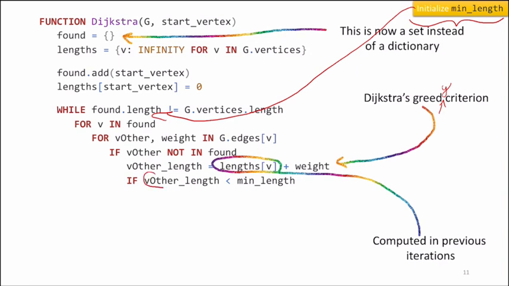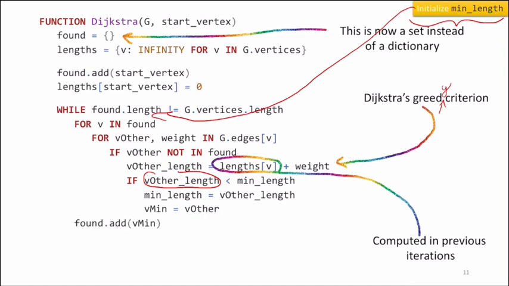So is this length to V other less than infinity the first time around, or in subsequent iterations just less than what we are computing here? Is that the cheapest path length we've seen so far? If it is, we'll hold on to it. So we'll say min length is equal to that length, and we'll hold on to that vertex that we're connected to. We'll call that vertex V min. And then at the very end of this for loop, we will have compared a bunch of candidate edges right here.